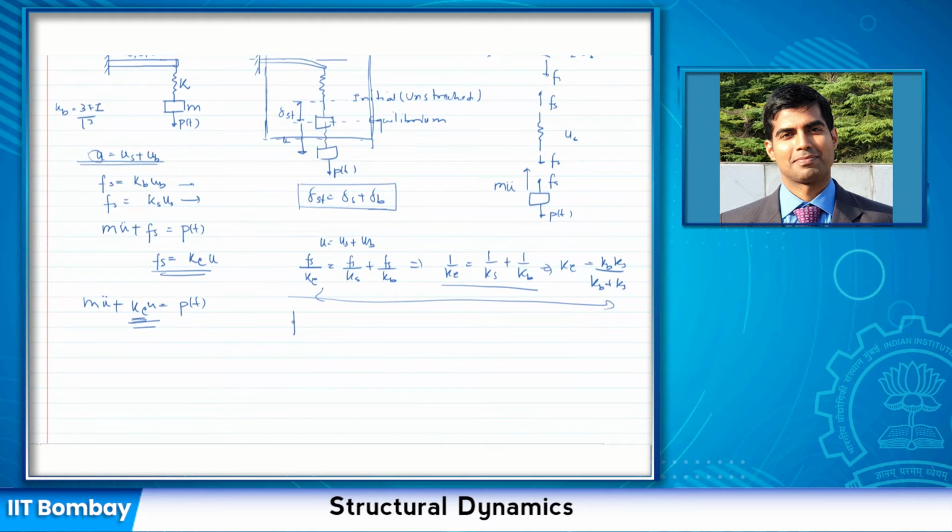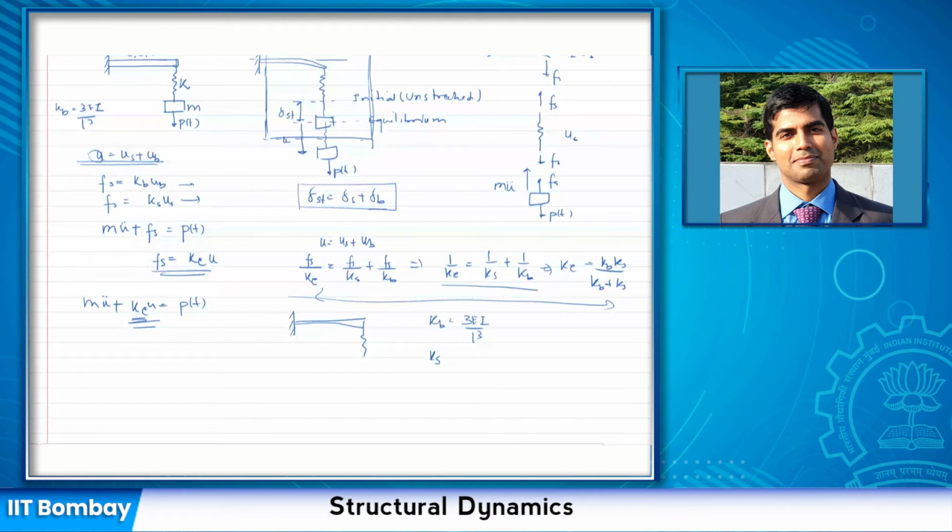So what happened here? I had basically a beam and a spring. The lateral stiffness of this beam is governed by 3EI by L cubed, and then of course I have the stiffness of the spring, and these were connected in a certain fashion, and I got K equivalent of that to write down the equation of motion.